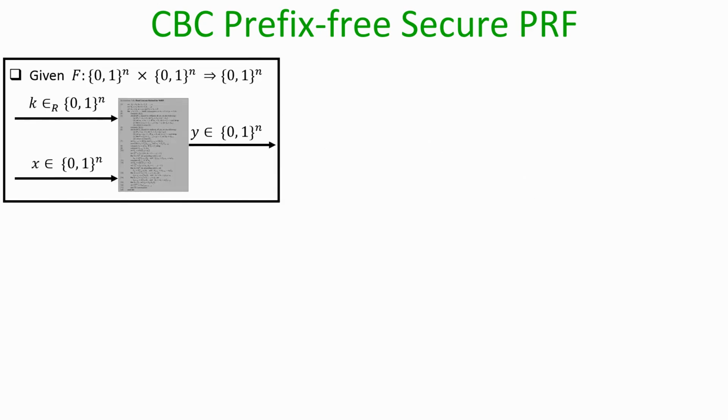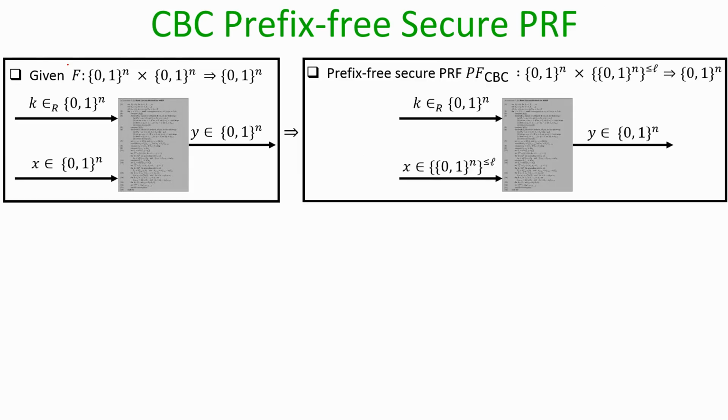And now, let us see a candidate construction which we call the CBC prefix free secure PRF, and the construction is as follows. So, we are given a keyed PRF of fixed size input and fixed size output, and using that our goal is to construct a prefix free secure PRF, right, which can take a sequence of blocks as input, say up to little l blocks, each of size n bits, and gives you a fixed size output.